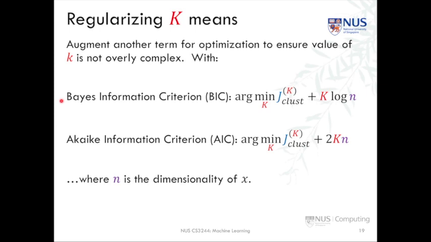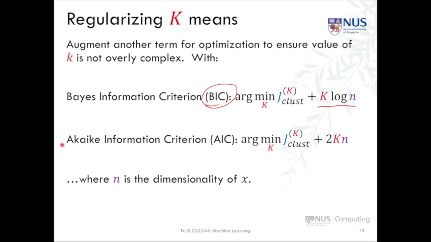One is the Bayes information criterion, or BIC, which augments the cost term with k log n. You can see here, as k grows larger, we have a linear penalty applied to the cost. We also factor in the number of dimensions that are in the data set, but take a logarithm of this.